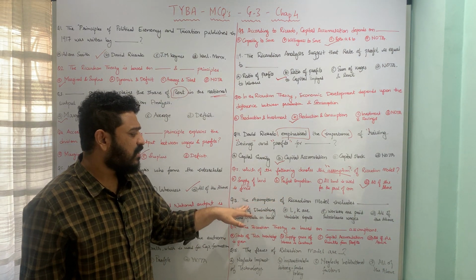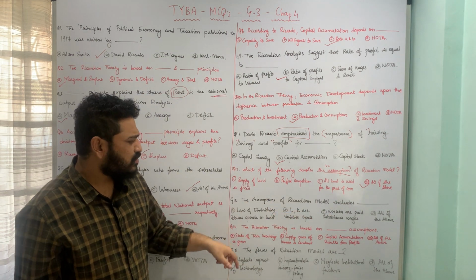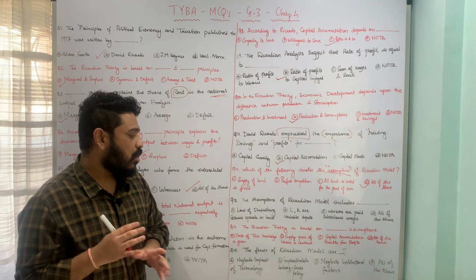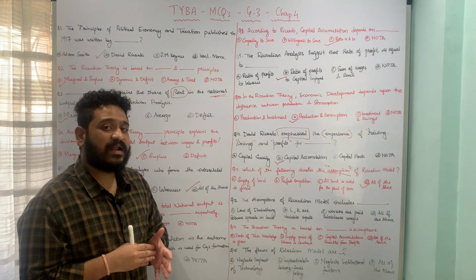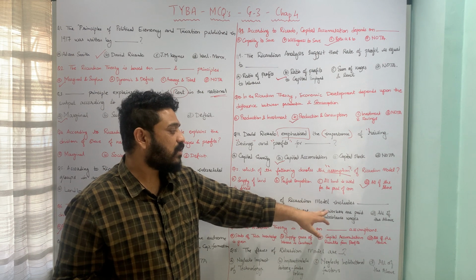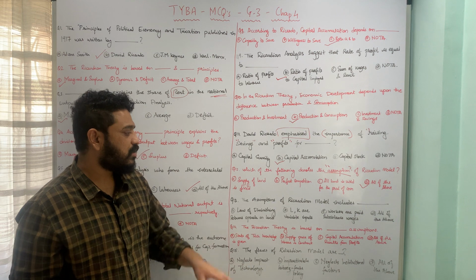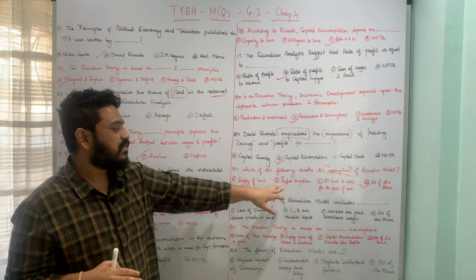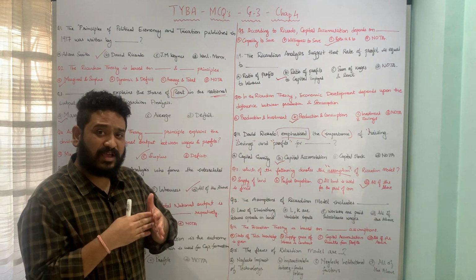The question suggests that the assumptions of the Ricardian model include dash. Let us look at the underlying options. The first option is law of diminishing returns operates on land. The next is labor and capital are variable inputs. C, workers are paid subsistence wages, and D, all of the above. So here, in the previous question we have seen that there's perfect competition, land is used only for the production of one particular commodity, and supply of land is fixed.